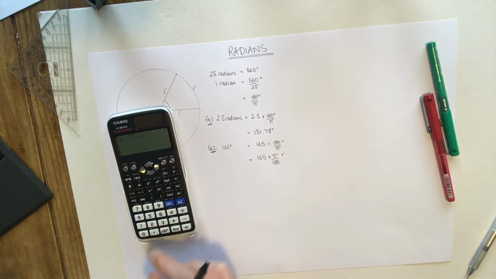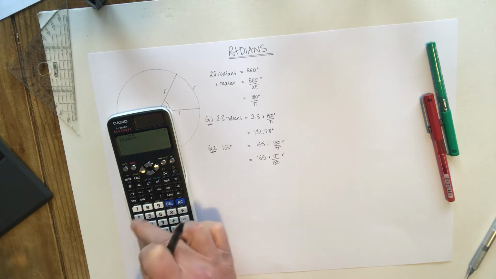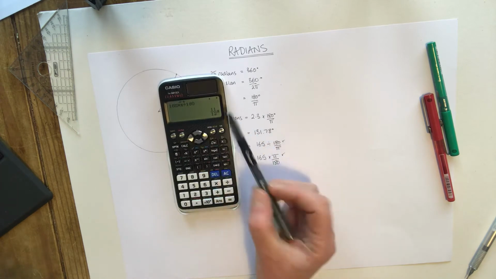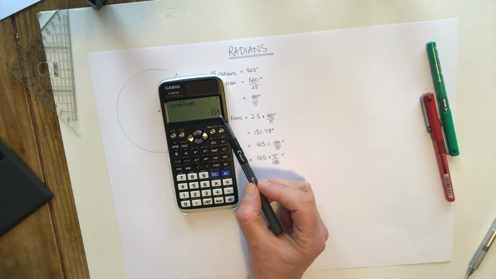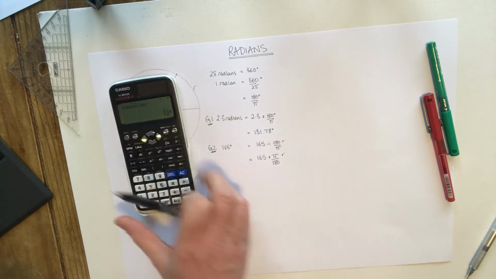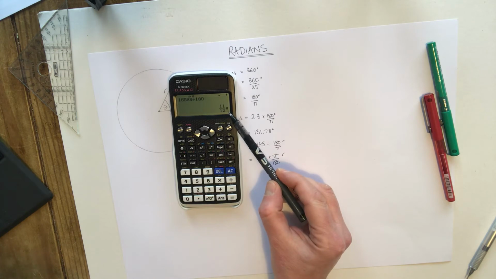So 165 degrees, 165 times by pi divided by 180 is, so my calculator has given it as 11 over 12 pi. You often find with radians, you're not writing down your answer as a decimal, but you're writing it down in terms of pi.